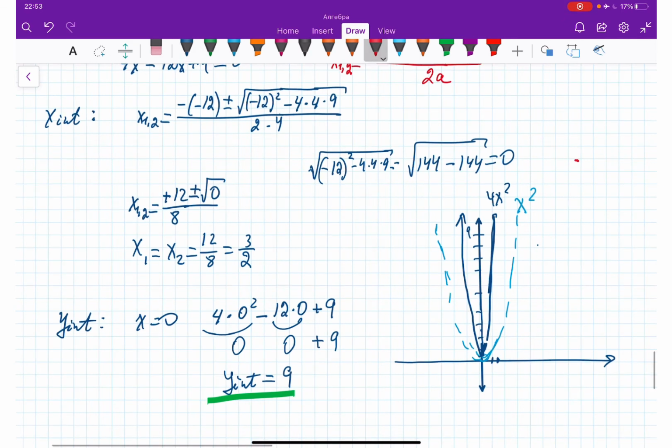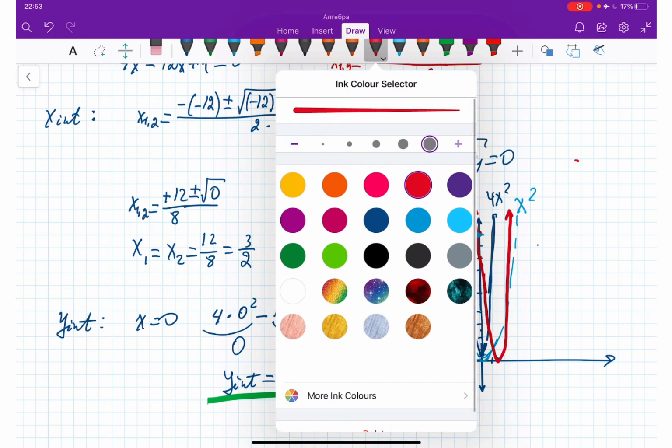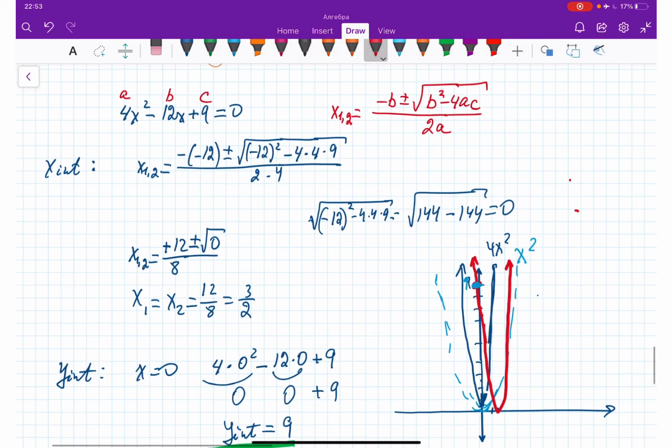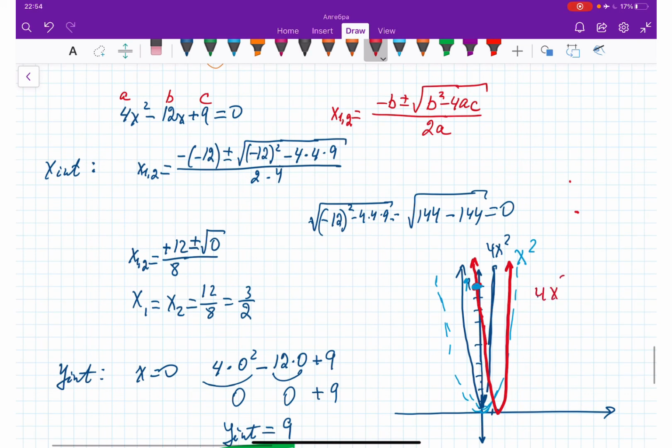I took it too wide. This is much better. Okay, and it will cross right here at positive 9. So this is our y-intercept, and this is our graph 4x squared minus 12x plus 9.